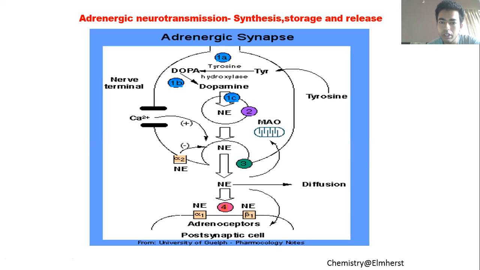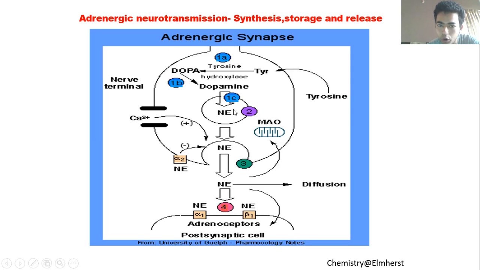So what this vesicular monoamine transporter will do is it will take up this dopamine into the vesicle. Now, once this dopamine has entered the presynaptic vesicle, this dopamine will get converted to form norepinephrine in the presence of an enzyme dopamine beta hydroxylase. So this takes place in this vesicle.